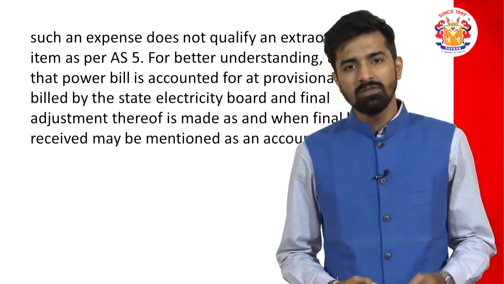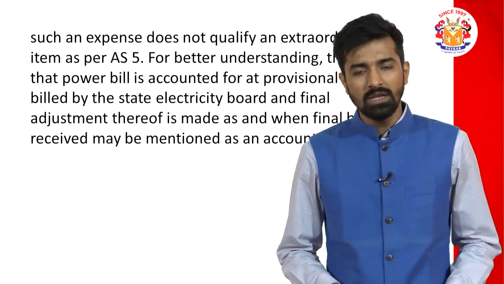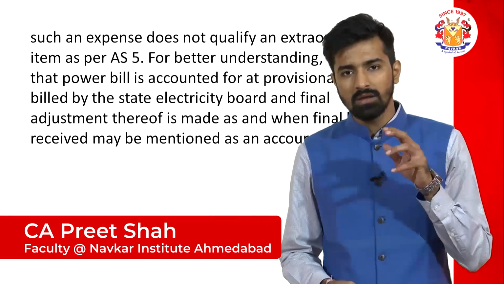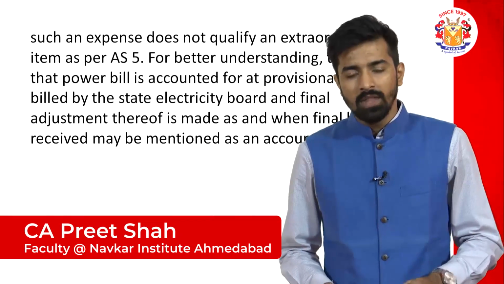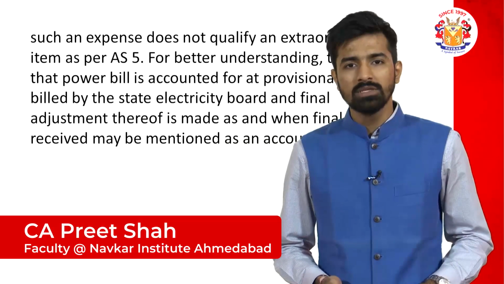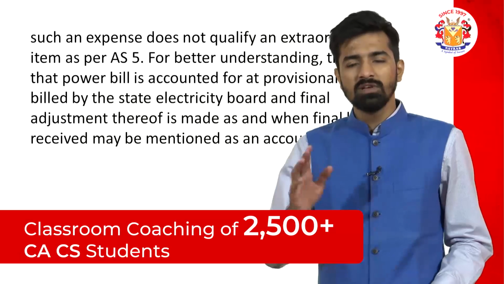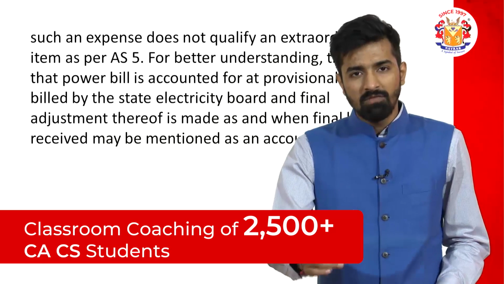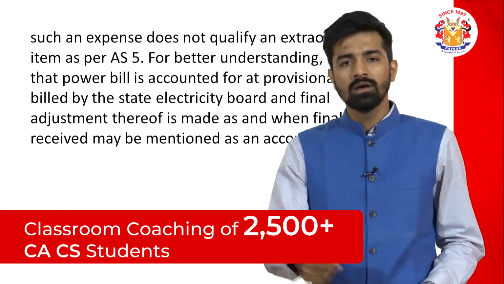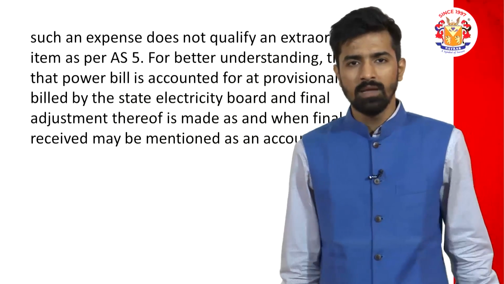So the final bill is received in February 2016, and that is the year in which that accounting should be done, and that can be termed as an accounting policy. What does the accounting policy say? That the billing would be done in the previous years on a provisional rate basis, but when the final rate comes, that will be done in the year when the final bill was received by the enterprise.